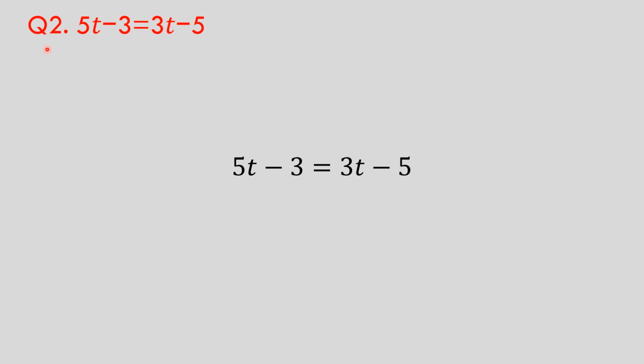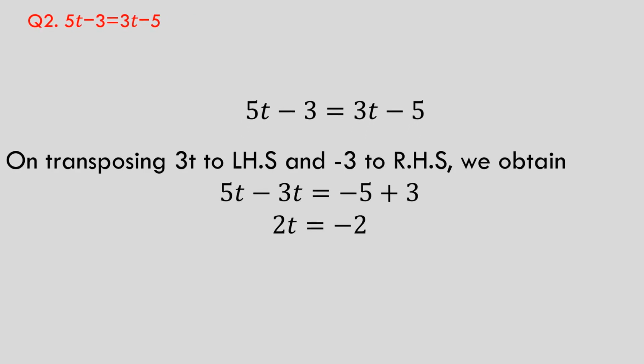Question number 2. 5t minus 3 equals 3t minus 5. Here also we will take all the variables on the left side and all the constant terms on the right side. To do this, we will transpose 3t to LHS and minus 3 to RHS. We will get 5t minus 3t equals minus 5 plus 3.